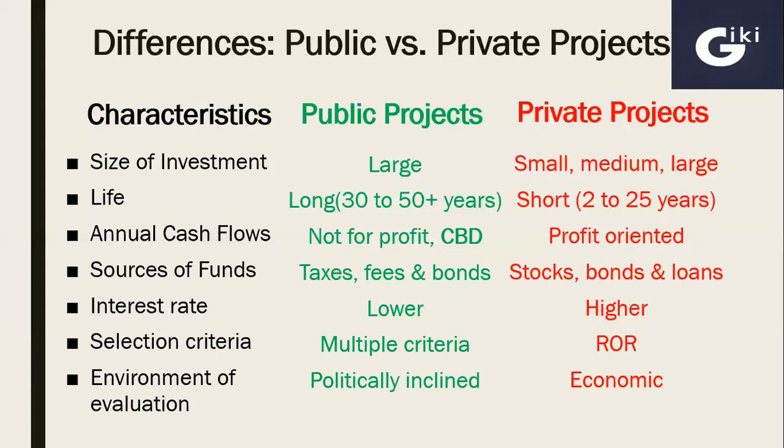That's why it has been delayed for many years. So in public sector projects, the environment of evaluation and selection criteria are affected by the political environment as well. So these are a few differences between public sector and private sector projects.